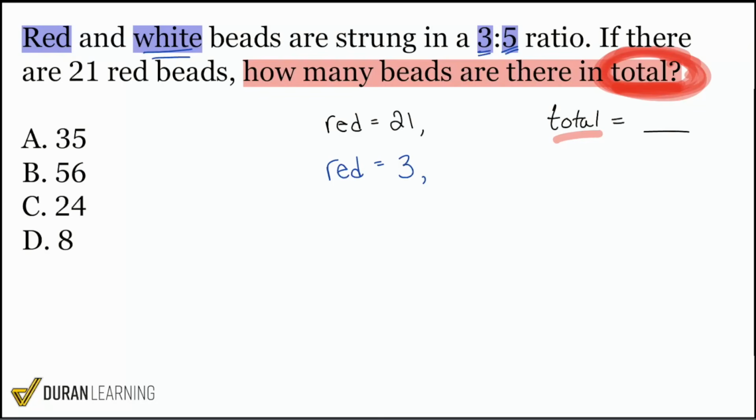The mistake that a lot of people make on a problem like this is writing white equals 5 and believing that if you solve this proportion, you'll get the correct answer, which is wrong. Because remember, everybody, the main idea with proportions, hopefully this haunts you in your dreams and goes over and over in your head, is that we must compare the same things in the same way. That's what we have to understand.